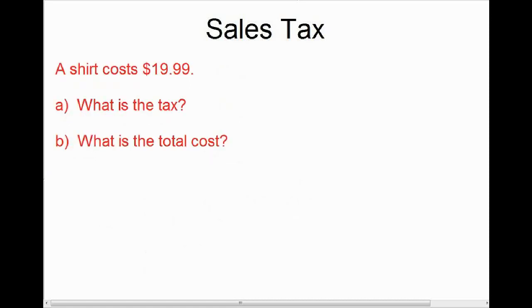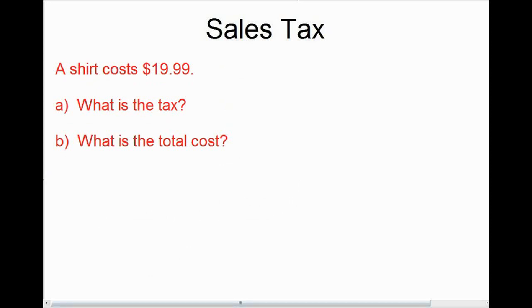So here's a typical question that you might be faced with when you're dealing with calculating tax. And once again, here we have a very practical application of using percent. So if you go into a store and a shirt costs $19.99, the question you might ask yourself is, what is the tax on that shirt, and what is the total cost?